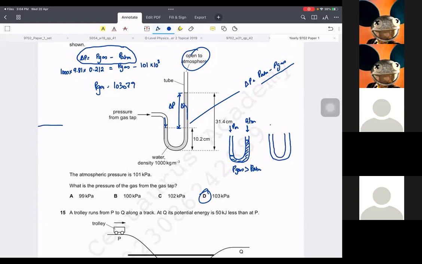And if this is gas and this is atmosphere, this is down, this is up. This means atmospheric pressure is greater than gas, right? Yes. For this one, you use change in pressure, gas minus atmosphere, because gas is larger. For this one, you use atmosphere minus gas because atmosphere is larger. All right, sir. Thank you.